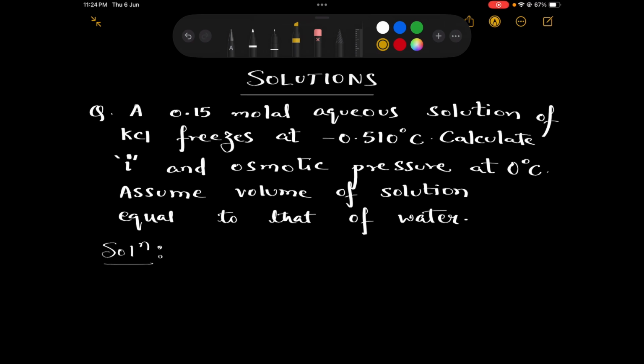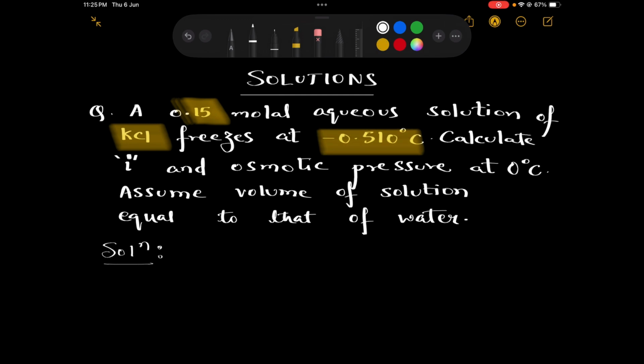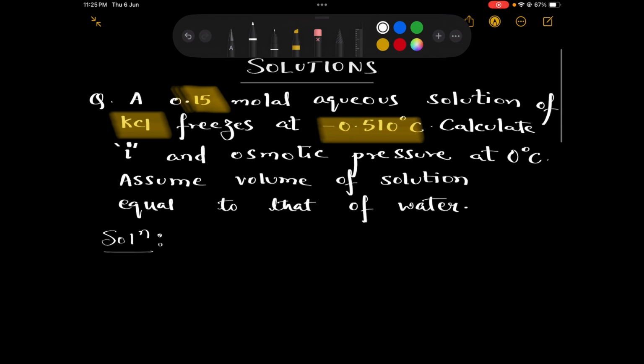So let's begin. A 0.15 molal aqueous solution of KCl freezes at minus 0.510 degrees Celsius. That means molality is given, 0.15 molal. The solution is of KCl and the solution is freezing at minus 0.510 degrees Celsius.